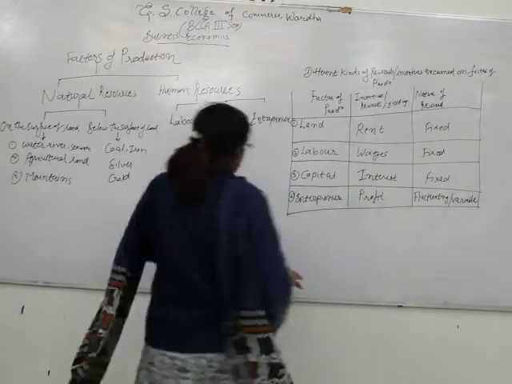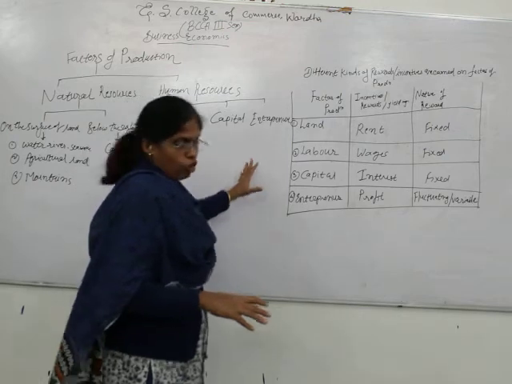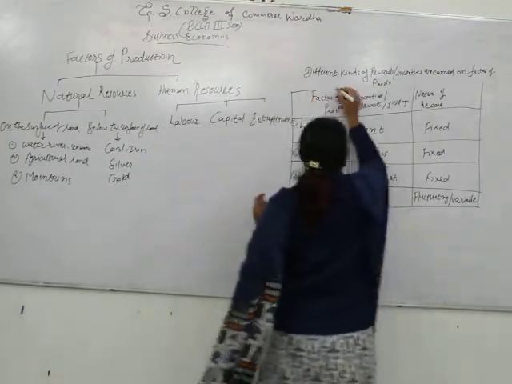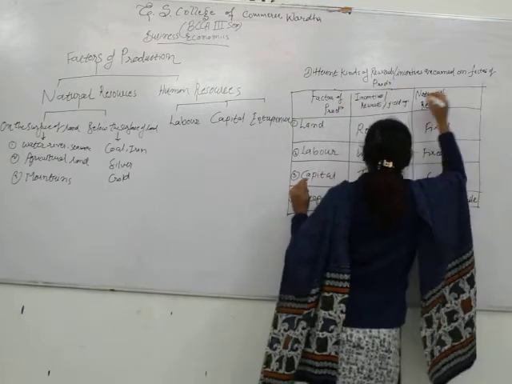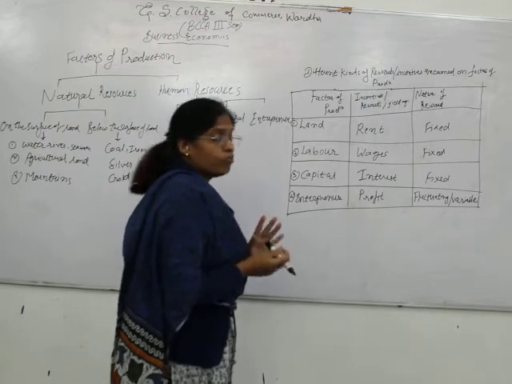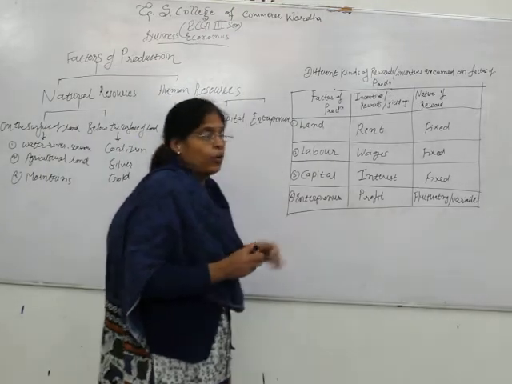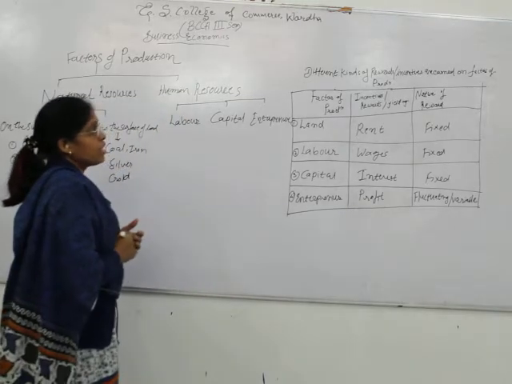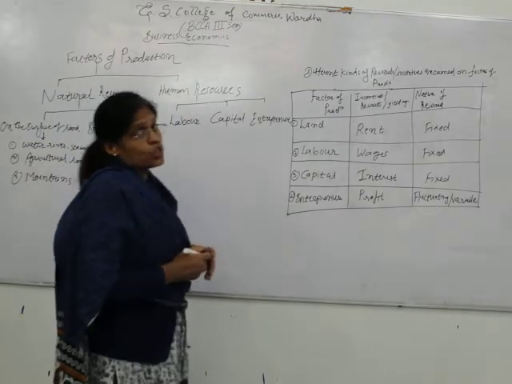We have drawn this table to understand what kind of rewards or yields, what is the earning, can be earned with the help of these different resources. Different kinds of rewards or incentives are earned on the factors of production.